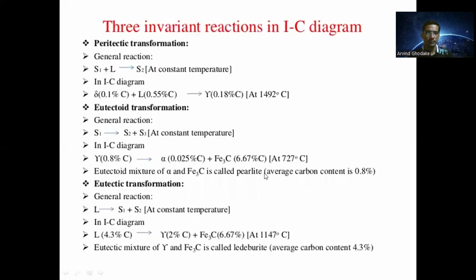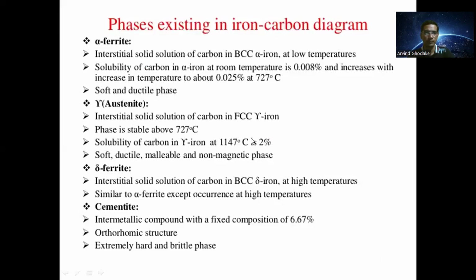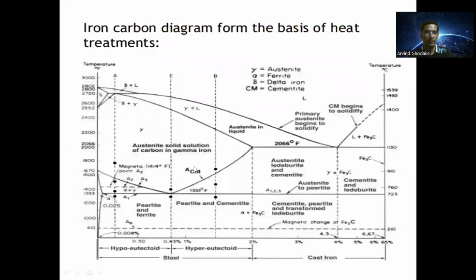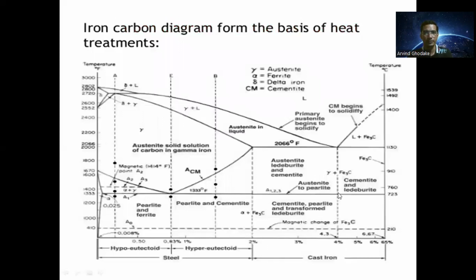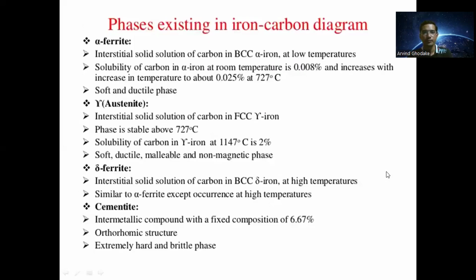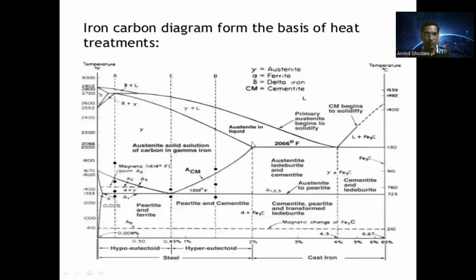So in the diagram you can observe that this region is stable at 1147 degrees Celsius. In this temperature range it will be stable. So here at 2% of carbon, the gamma iron phase exists.